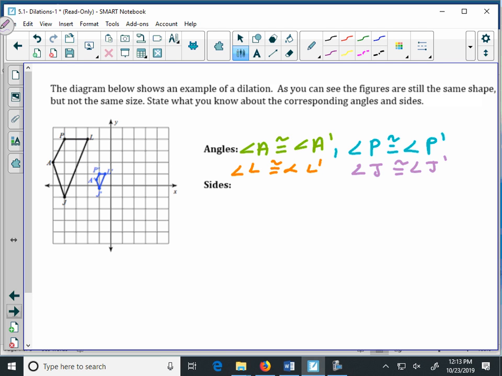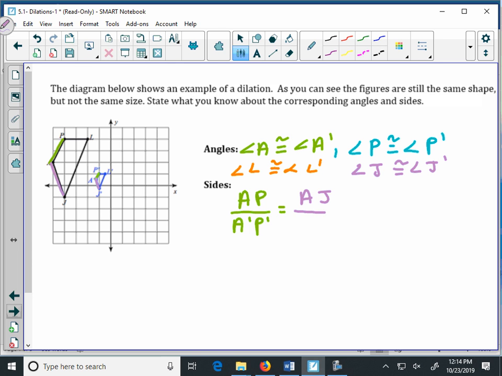And when you do a dilation, you're creating sides that are proportional, meaning, and the order right now doesn't matter. It matters in a couple of lessons, but right now it doesn't matter. That means we take whatever AP is and put it over the length of A prime P prime. That fraction is going to be the same if we do that for all the other sides. So it is the same as AJ over A prime J prime.